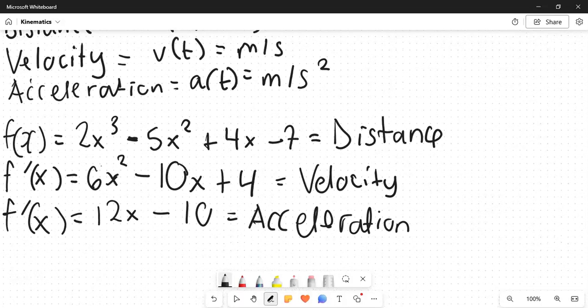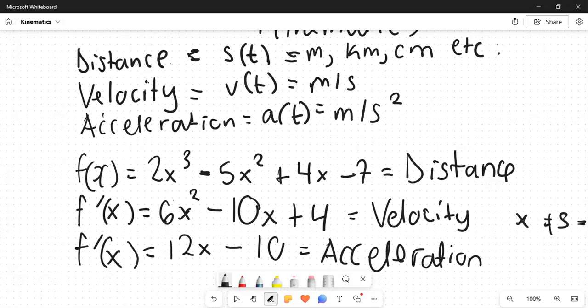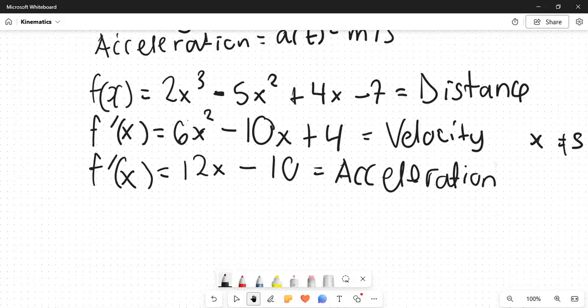Now, if you're given distance, you can be told to find the velocity if s is equal to 2, for example. What to do with this s equal to 2 is to plug it in and substitute it into this equation, which will give us our velocity.